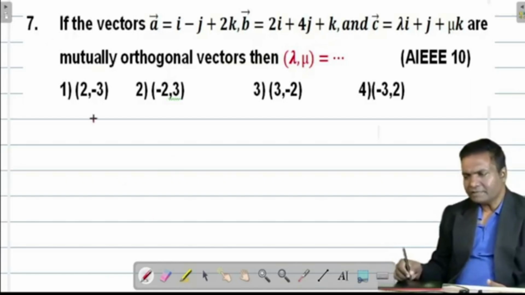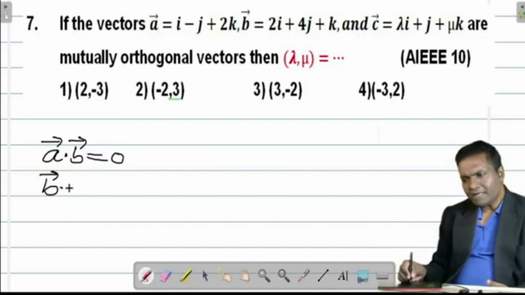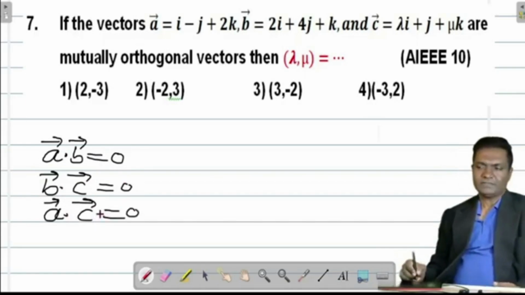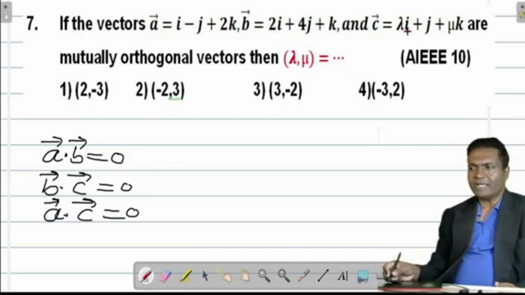Very simple. See here, vectors A, B, C are mutually perpendicular, which means immediately you have to write their dot products as 0. A and B are perpendicular, B and C are perpendicular to each other, and even A and C are perpendicular. Now see here, if you find the dot product of A and B, it does not involve any lambda, and it is going to be 0.